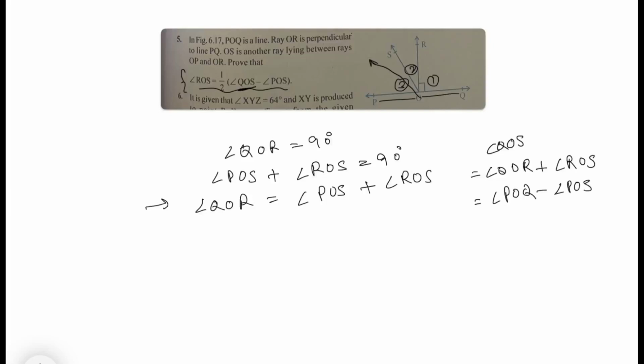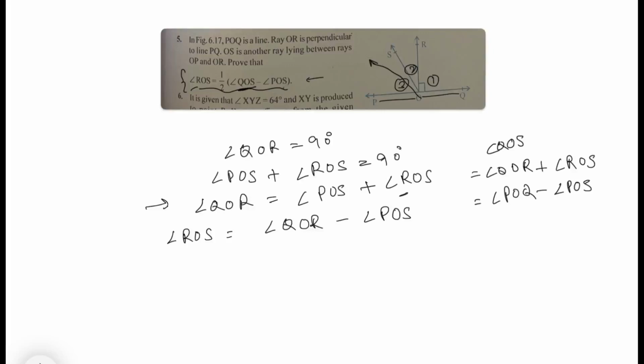So now here we have to think a little bit. We need to be a little creative and use different ways of arriving at this equation. So ROS is here, ROS is here. So that's good. We'll retain it. We'll bring ROS to left hand side and say that is equal to angle QOR minus angle POS.